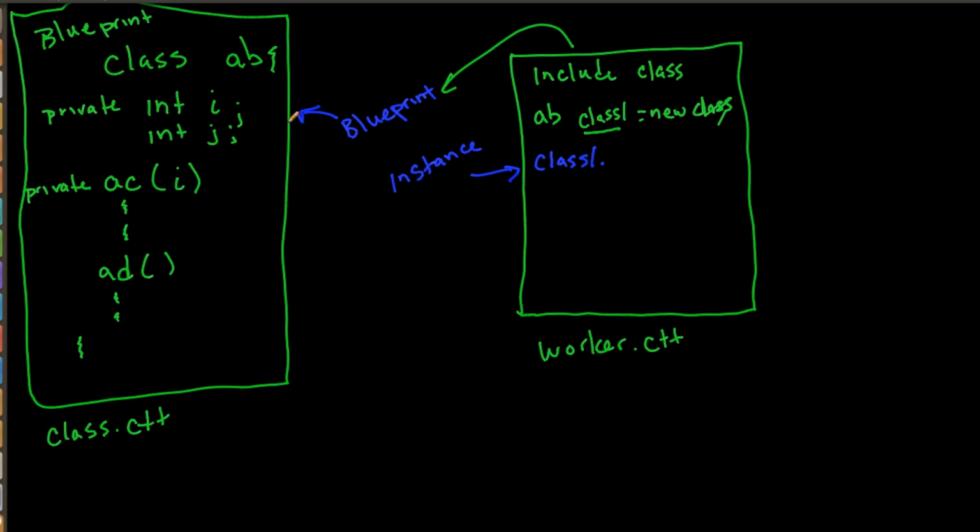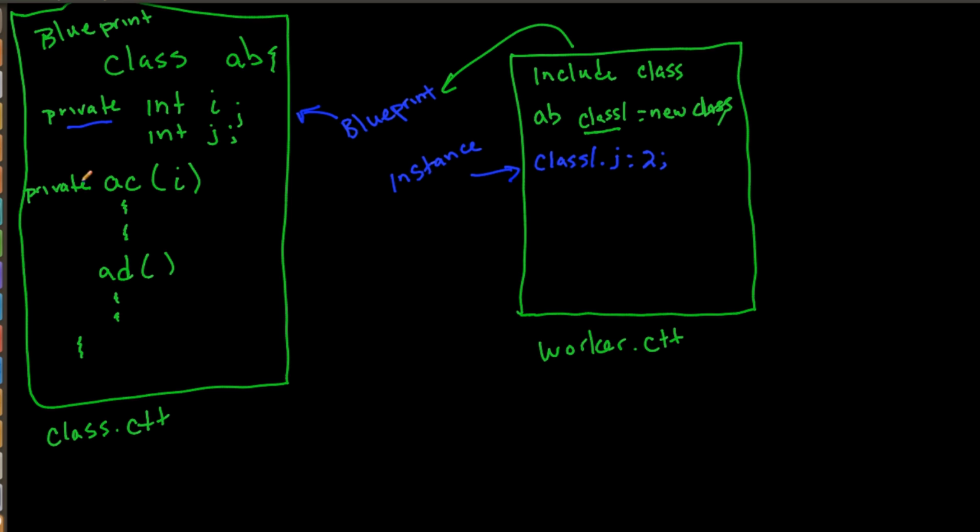If we tried to work with I, we're going to get a compiler error, or an error at some point, saying that it doesn't know what I is, because I has been designated as being private over here, and therefore the instance of the class doesn't know anything about the variable I. But we can come in and set J equal to 2.